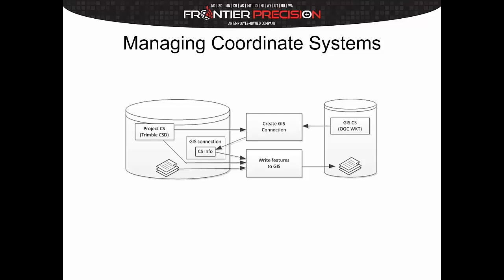So this is kind of a display of how the coordinate systems are writing to each other, and how they're moving between the GIS source, Trimble, and that middle GIS module is translating the data as it goes.